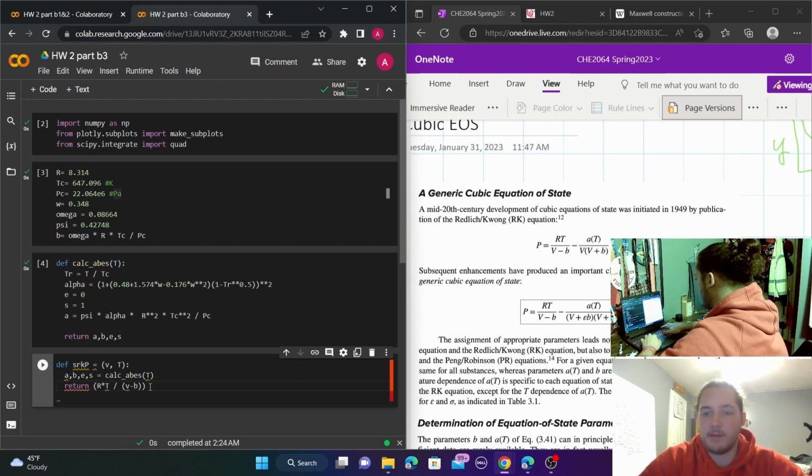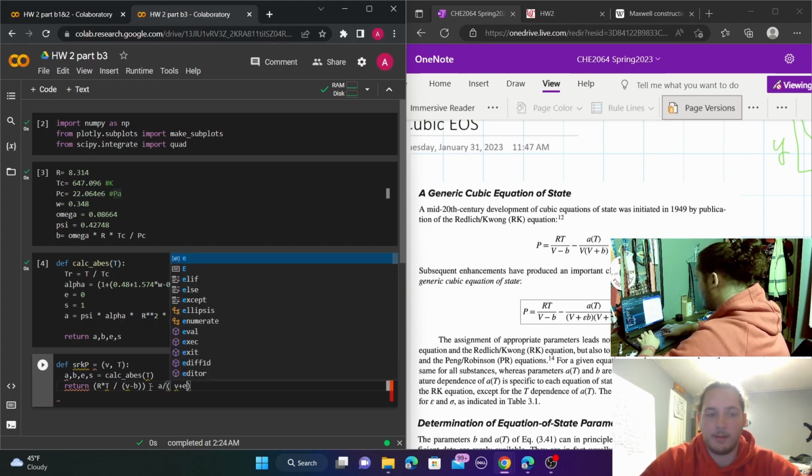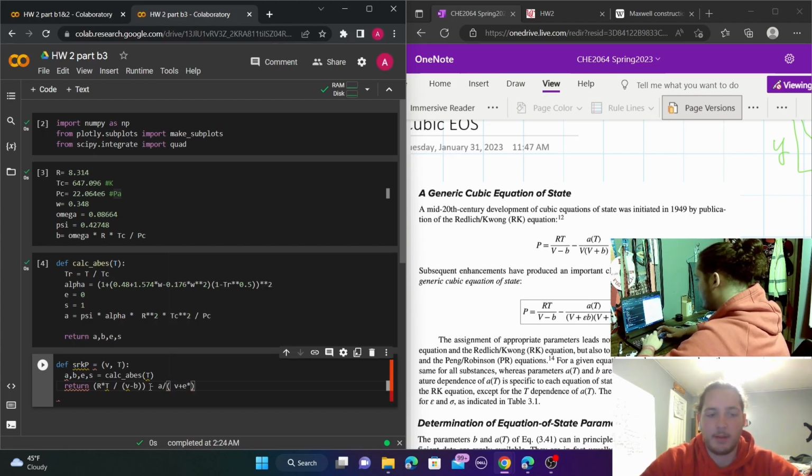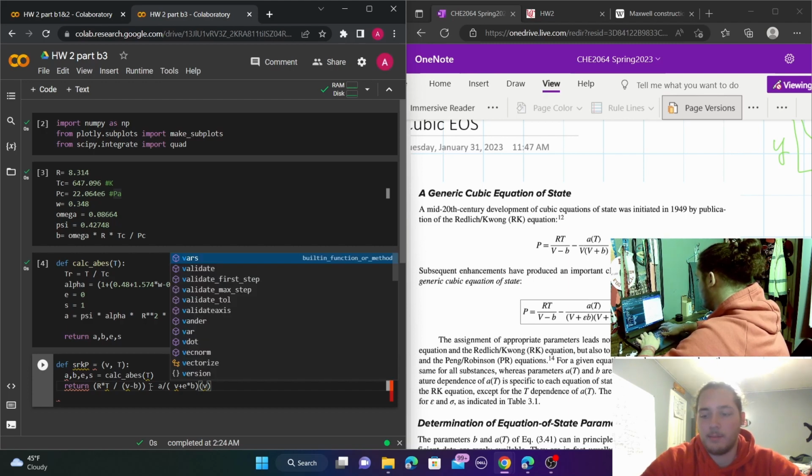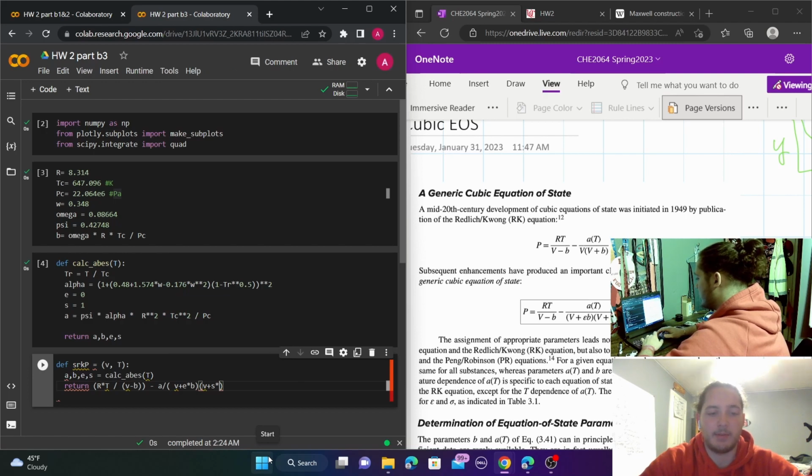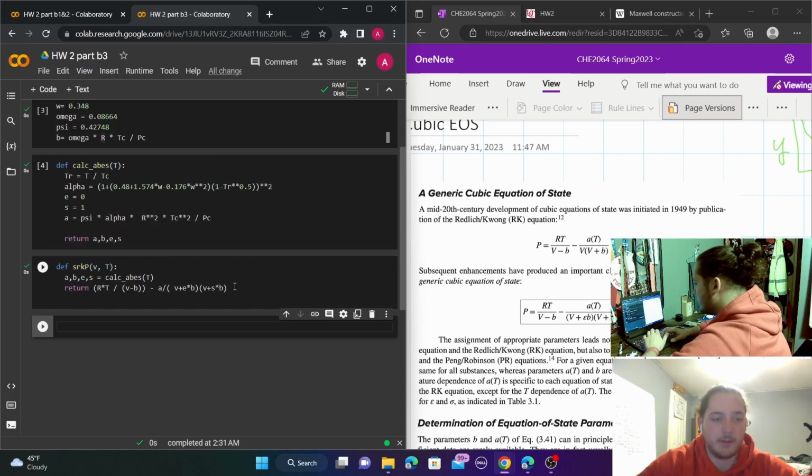And then we're going to be subtracting A over the quantity V plus epsilon times B, and that is going to be times V plus S, which is sigma times B. And then we hit shift enter.